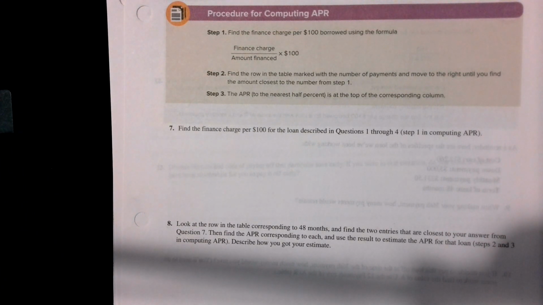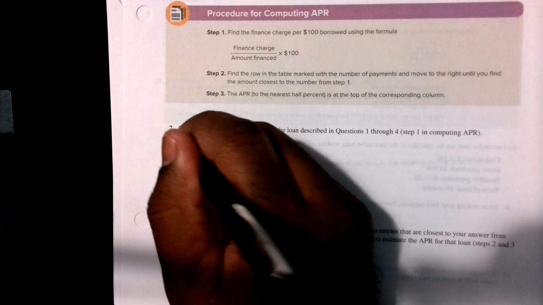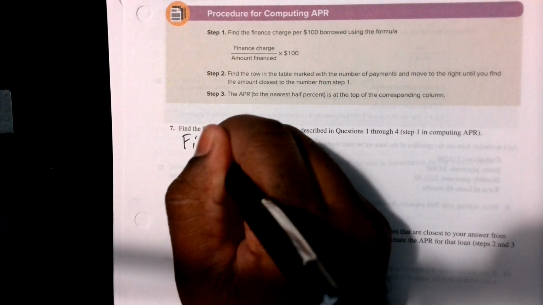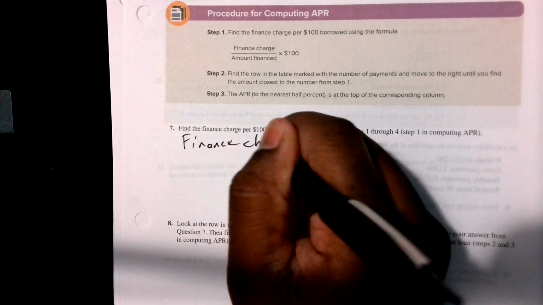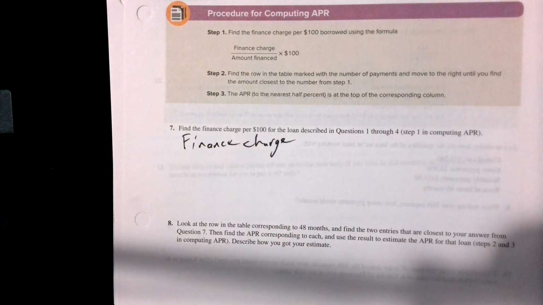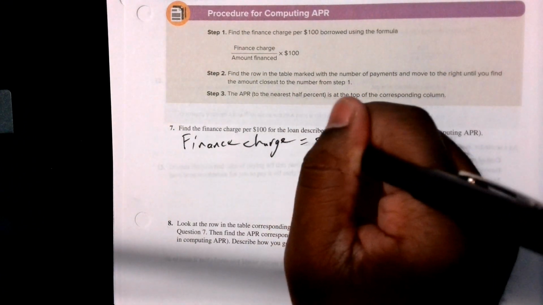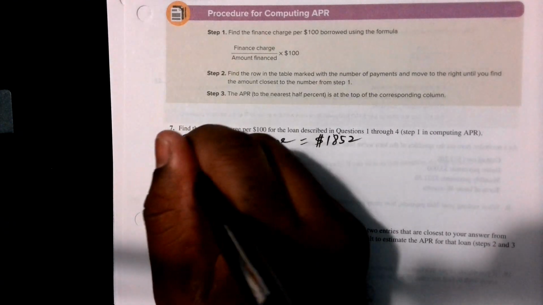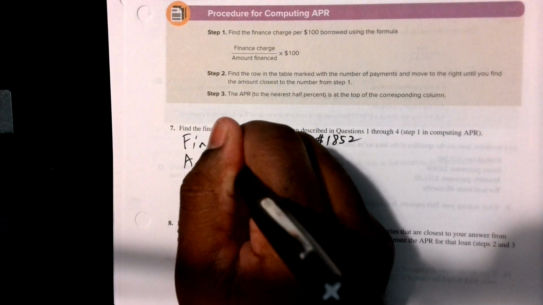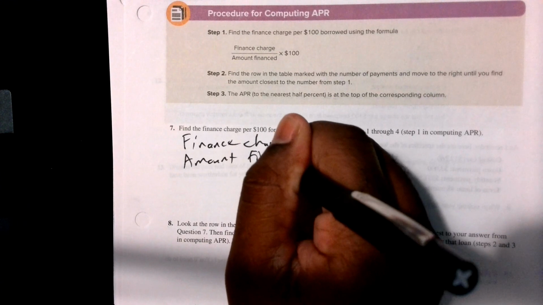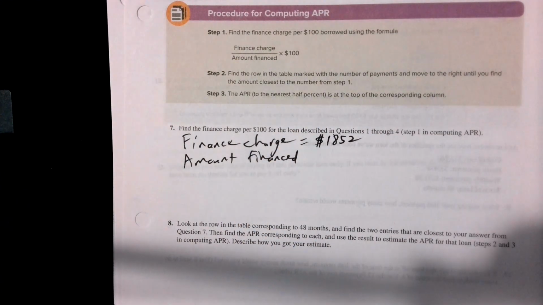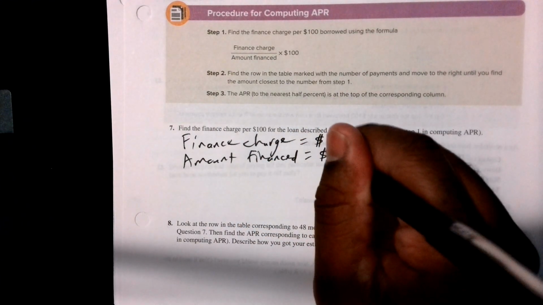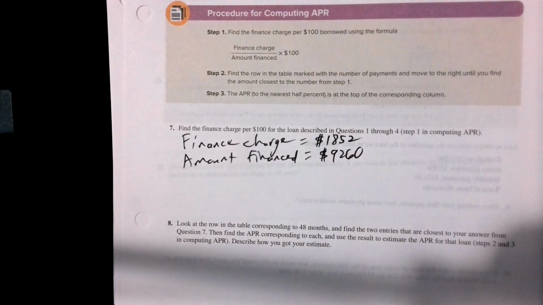Step 1 in computing APR. So the finance charge was equal to $1,852. The amount financed was equal to $9,260, which we did in the previous problems.